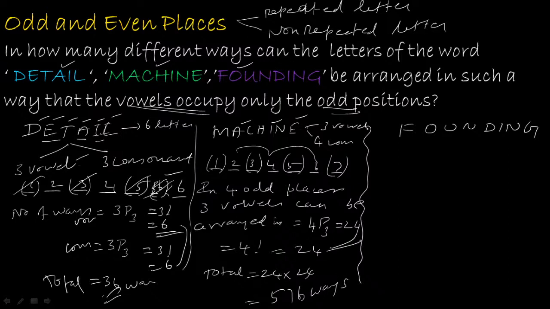Okay. So next we move on to the next case, FOUNDING. Here the word FOUNDING has 3 vowels and 5 consonants, isn't it? O, U, I are the 3 vowels and the remaining are consonants. Since it is an 8-letter word, am I right? 1, 2, 3, 4, 5, 6, 7, 8.